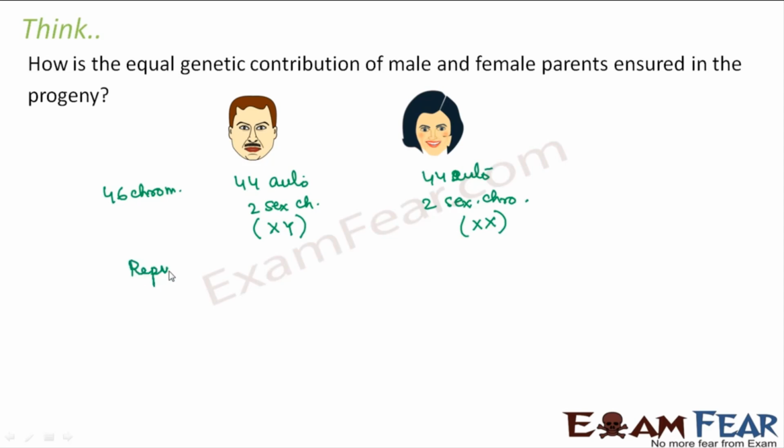Now, what happens during reproduction? The male will send out the sperm cell and the female will give the egg cell.